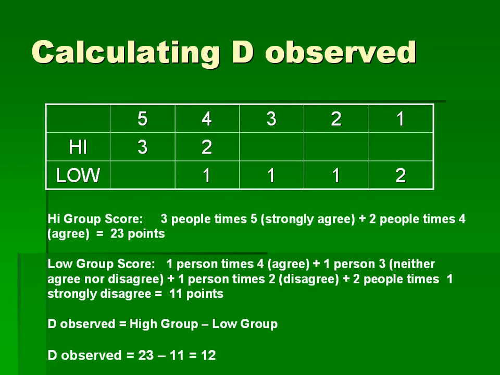The low group score is a little more complex, but if you follow that low group score paragraph, you'll see 1 person times 4 plus 1 person times 3 plus 1 person times 2 plus 2 people times 1. That equals 11 points. So to calculate our D observed, we do the same thing we did with the Dmax. We take the high group total and subtract the low group total from it, and at the bottom of the page, it shows you that 23 minus 11 is 12.